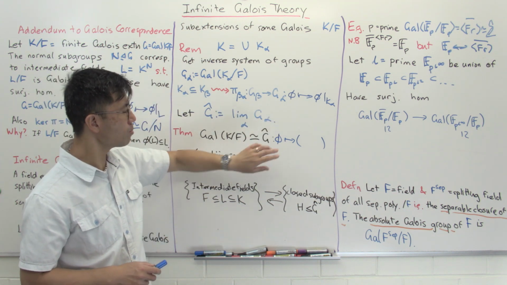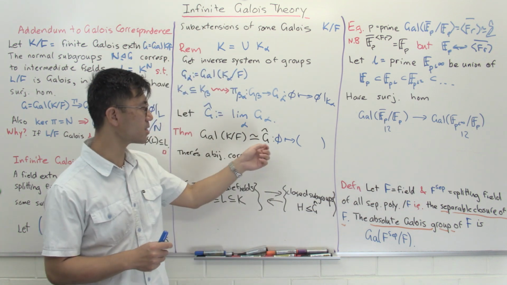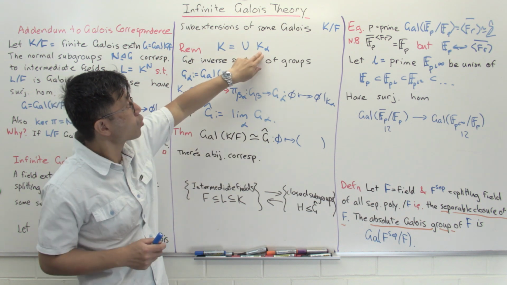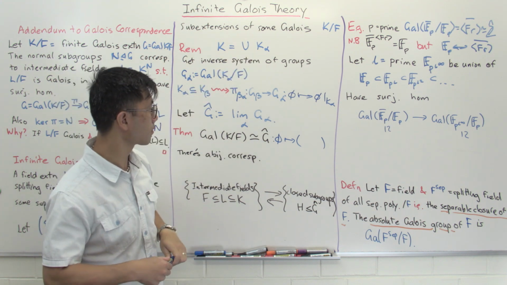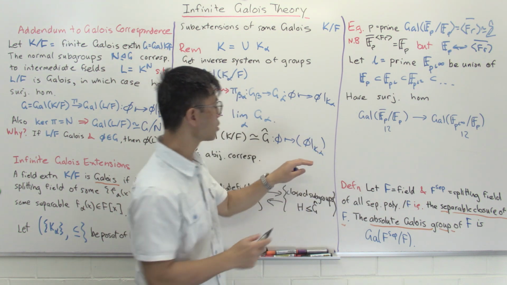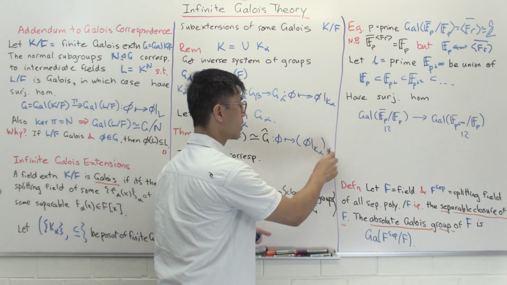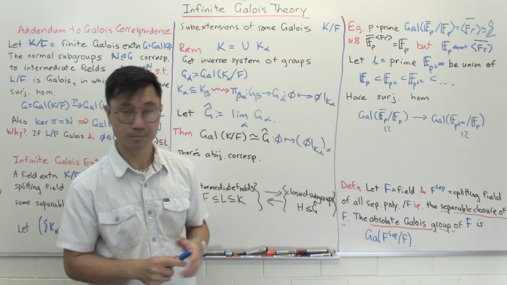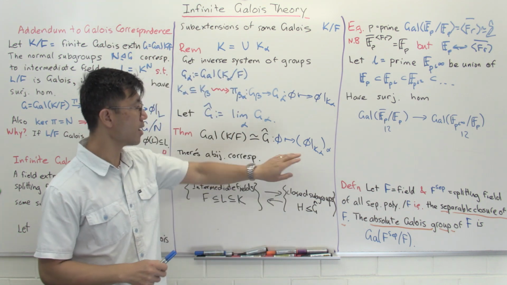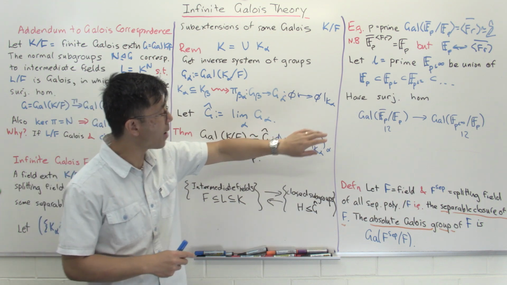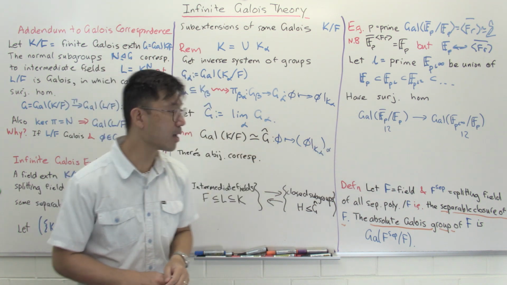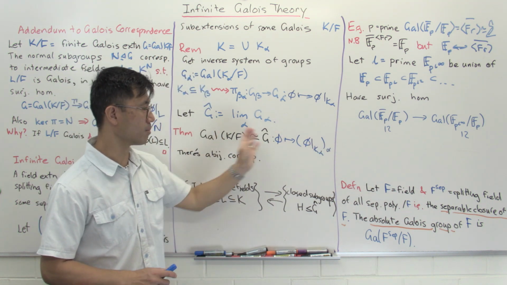So basically, using the argument here, since phi is a Galois automorphism, it restricts to an automorphism of K alpha, which of course fixes F. So we can restrict this phi to K alpha, and we look at this tuple for all alpha, for all of these finite Galois subextensions. Clearly it's going to satisfy the compatibility condition to land inside this G hat, and in fact, this is going to be an isomorphism.